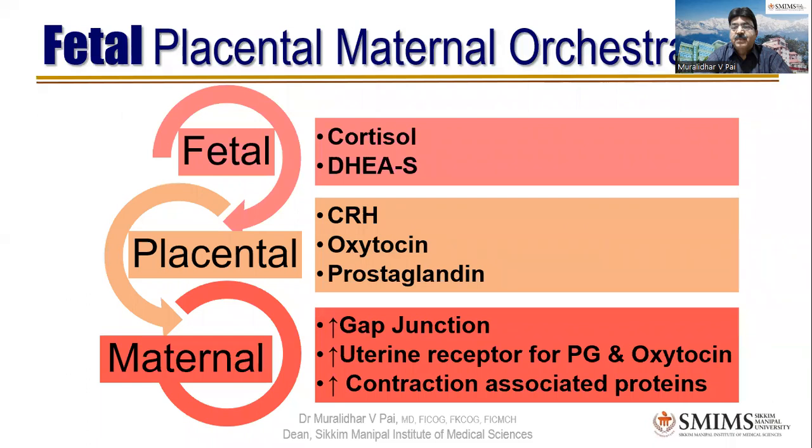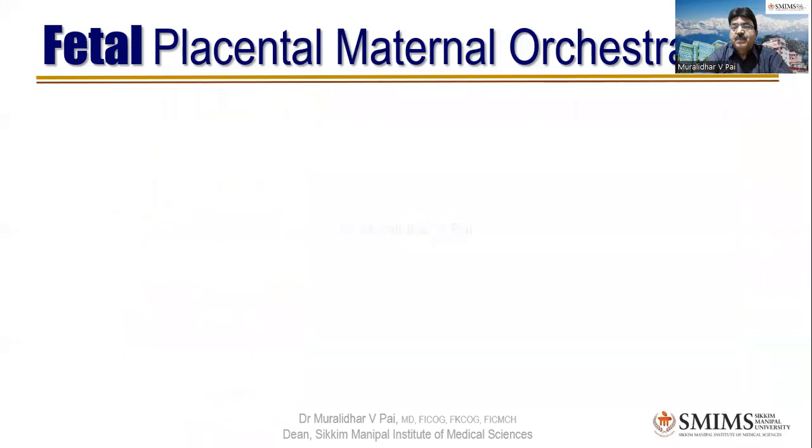Fetus will cry out by giving signals through cortisol, and placenta will respond to the cry by secreting CRH, oxytocin, prostaglandin, and mother helps both of them by increasing gap junctions, uterine receptors for PG and oxytocin, and increases the concentration of contraction associated proteins, and the uterus contracts. So beautiful.